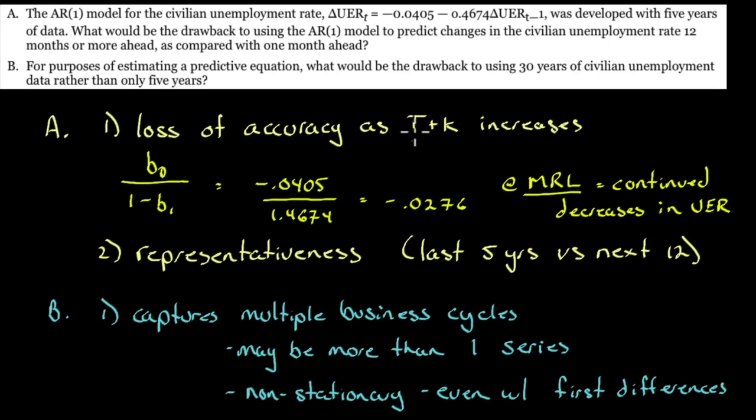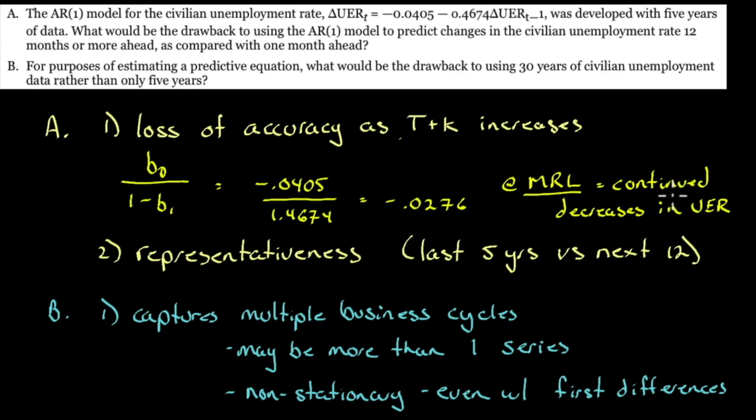Capital T representing the end of our time series, the time period of which we have data, and K being the number of periods out from the end of the period that we have, the number of periods into the out of sample period. You'll also recall that our mean reverting level, B0 over 1 minus B1, was negative 0.0276. So this is a mean reverting level in the period over period change. Well, it's negative.